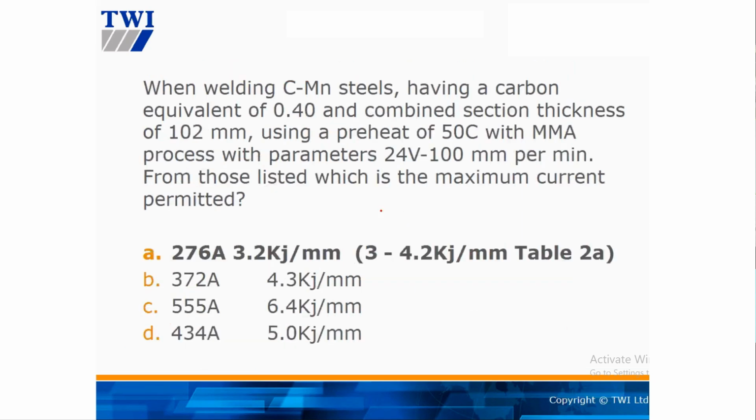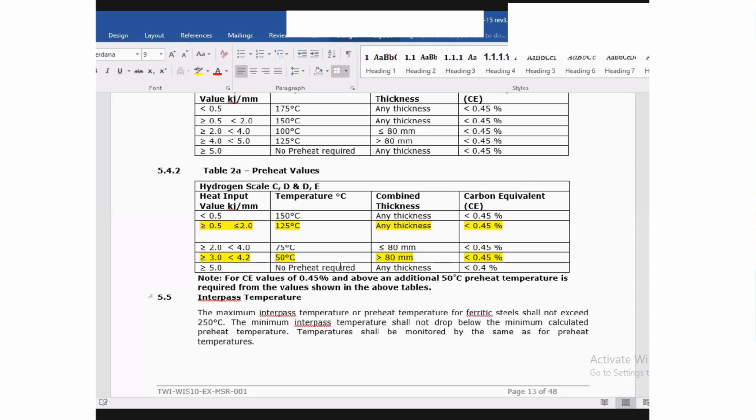All right, number 4, the same thing. Here, carbon equivalent 0.4, combined thickness 102, preheat 50, MMA. All right, the same table. We're going to check from the same table the required heat input value. So we have preheat 50, thickness 80, which is more than 100.